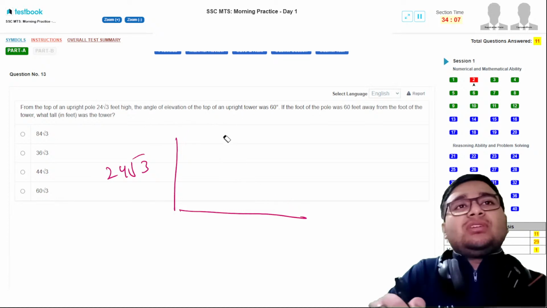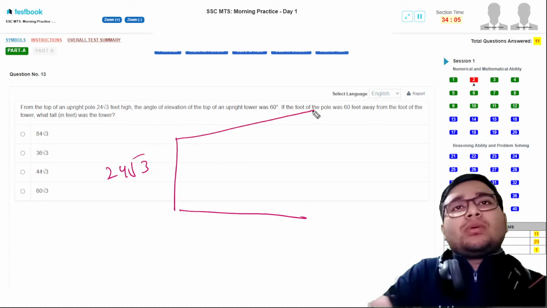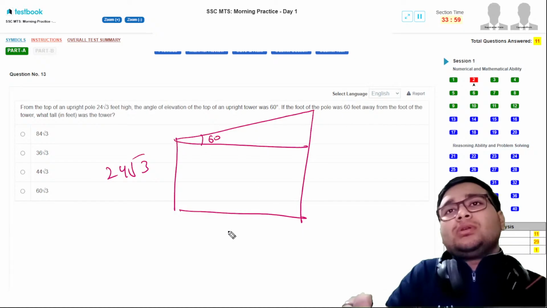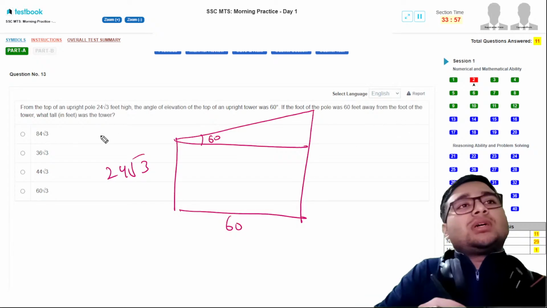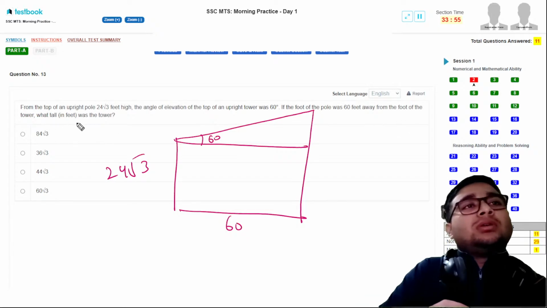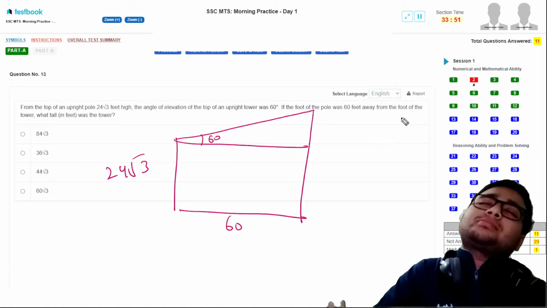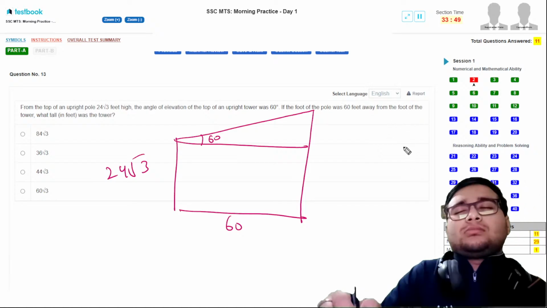The angle of elevation of the top of the tower from the top of the pole is 60 degrees. The foot of the pole is meters away from the foot of the tower. Then how tall is the tower? Here root 3 or here 1.